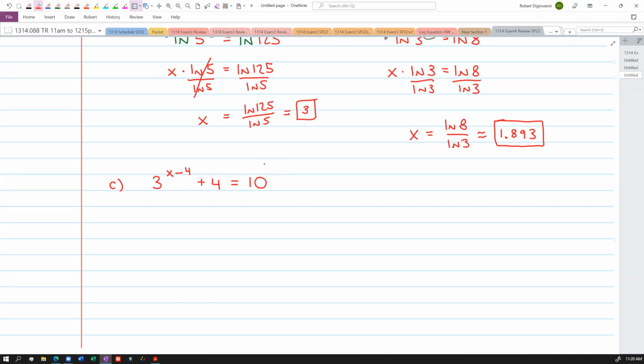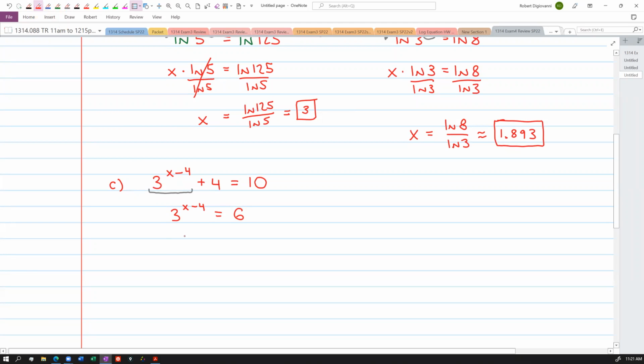So we want to first isolate the term that has the number raised to the thing with x in it. We need to get that by itself. So first step would be to do what? Subtract 4, good, on both sides. So if I subtract 4 on both sides, I'm not going to show that step. I get 6 on the right side. Now, at this point, I'm going to do the log because I've isolated the exponential term.